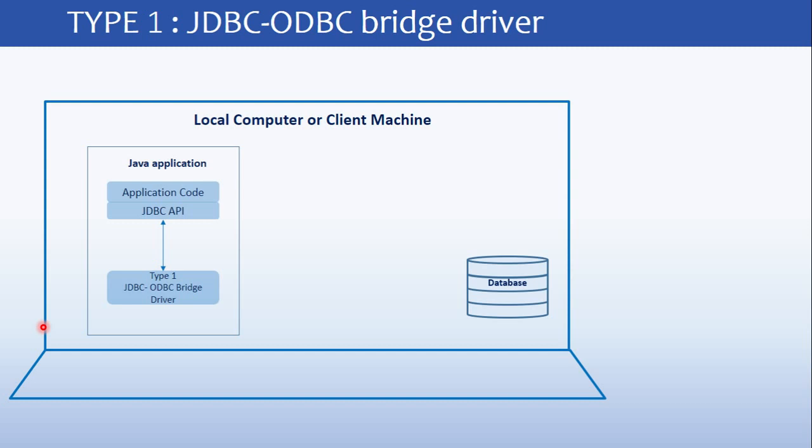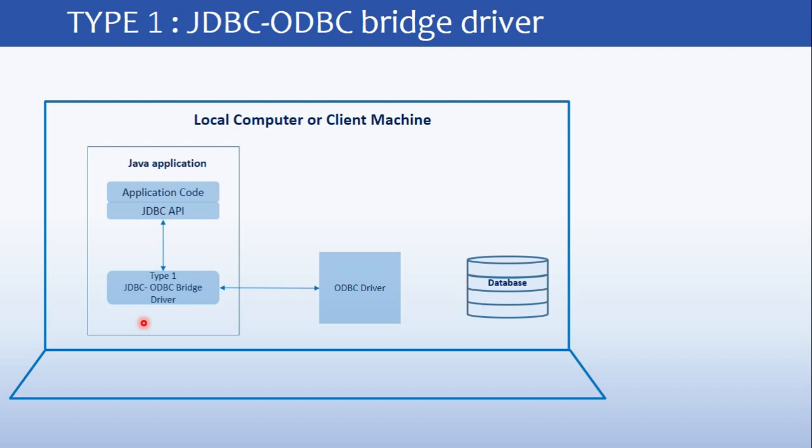Now, in this case, my type 1 JDBC ODBC bridge driver alone cannot communicate with the database. I require something that helps me to communicate. So there is an ODBC driver. With the help of the Open Database Connectivity driver, I can communicate with the database.